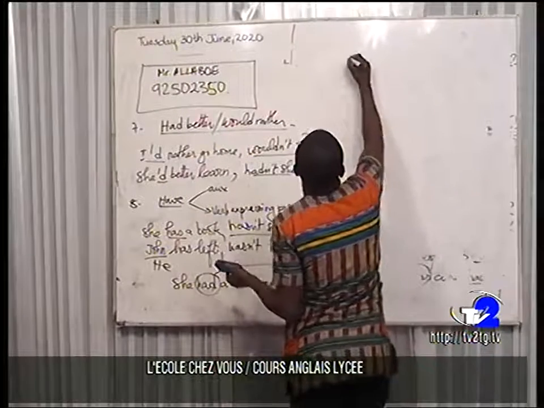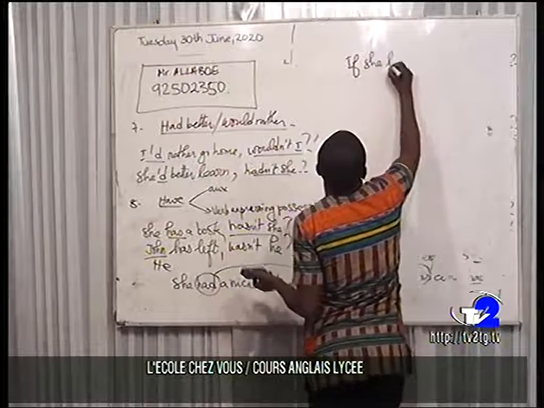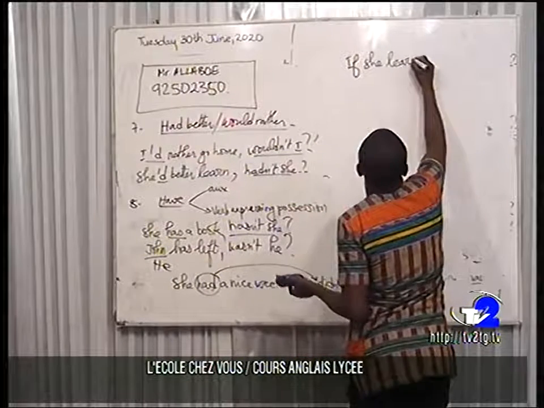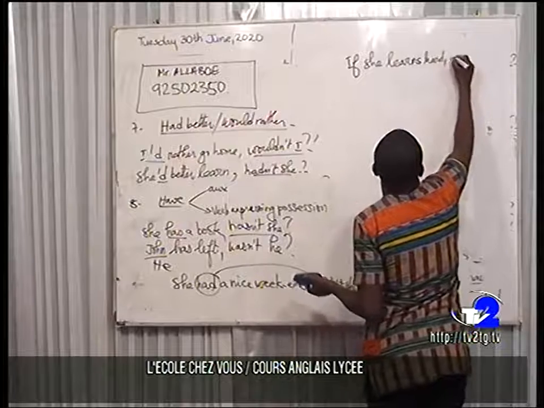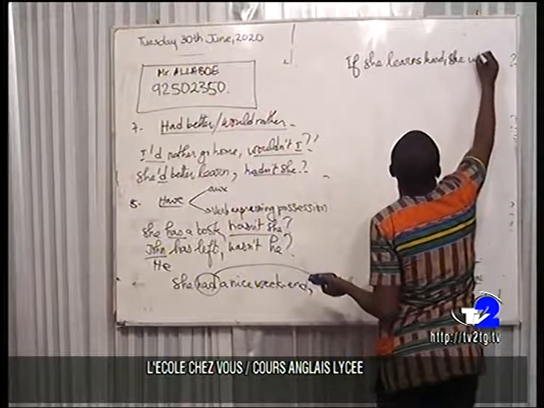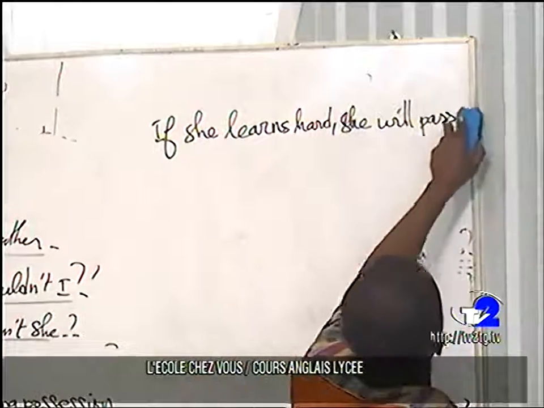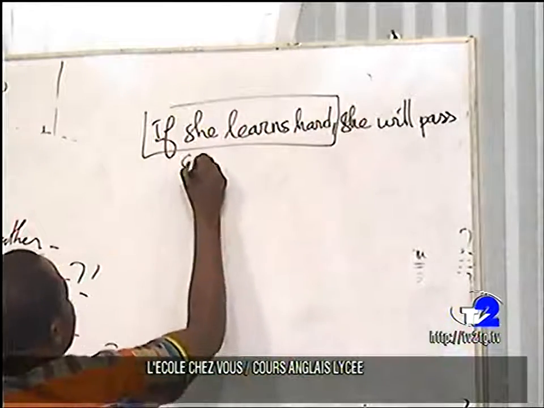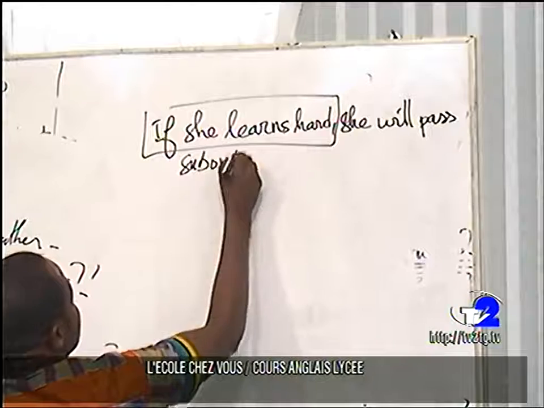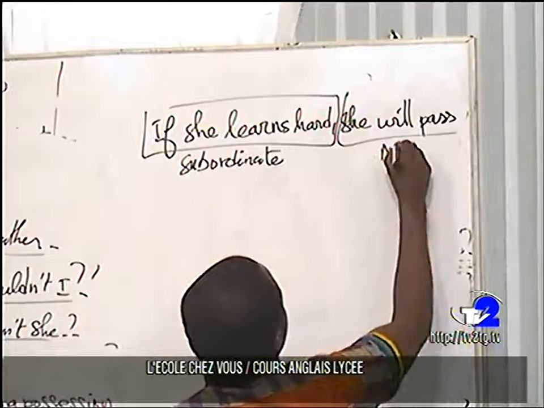The last one is, for instance, if you say if she learns hard, she will pass. When you are asked to form the question tag here, this is what we call subordinate clause, and this is what we call main clause.